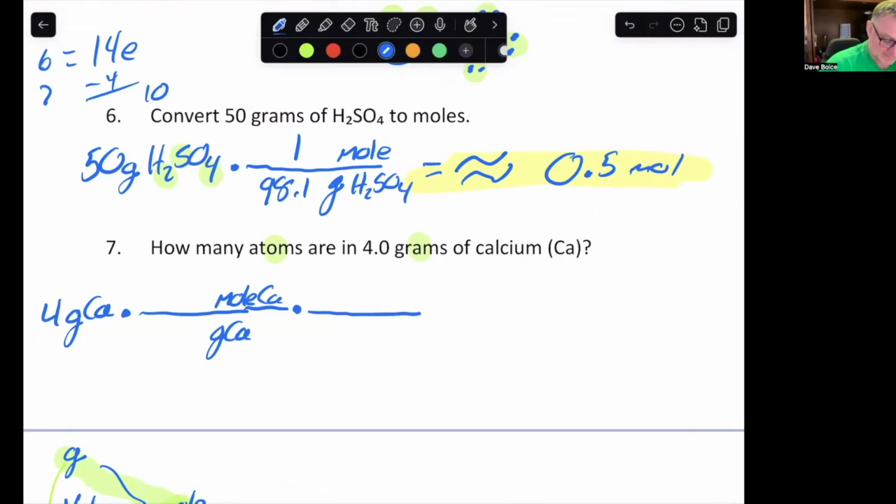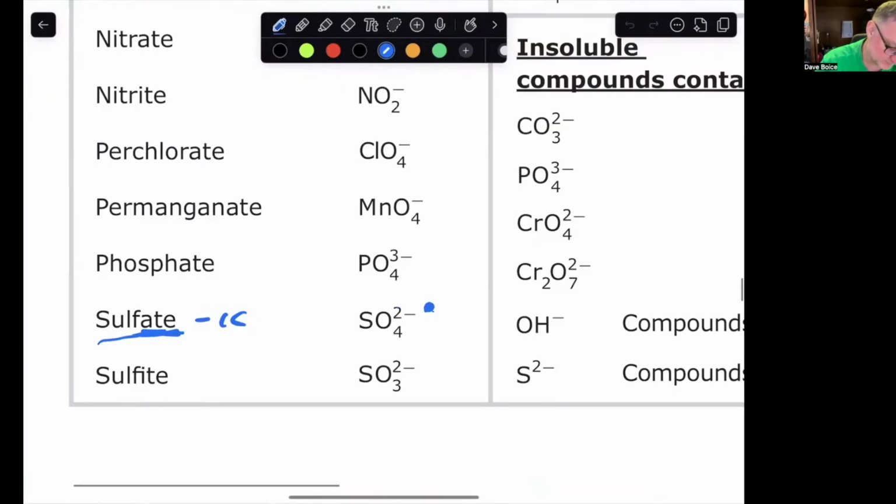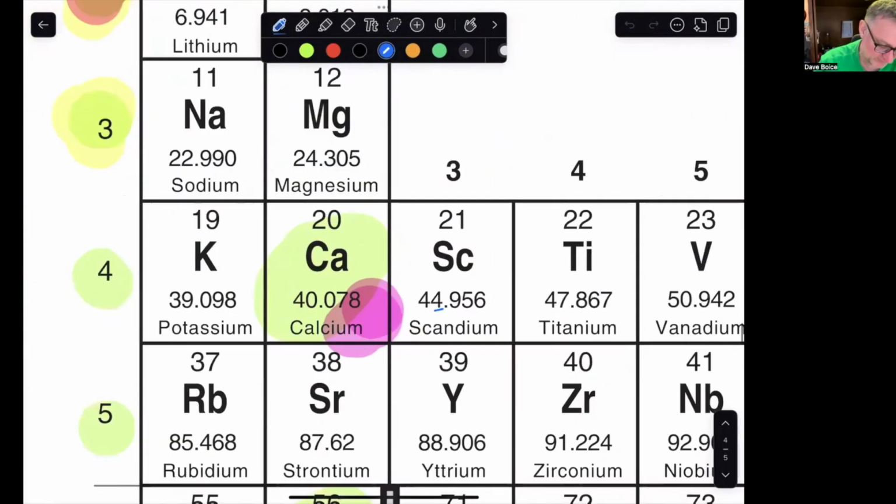And so what I want is atoms. So I'm going to bring moles down. And I want to go to atoms, which I can do. And so first thing I need to do is see, okay, 1 mole of calcium is going to be equal to, let's see, what's 1 mole of calcium equal to? There it is, 40.078 grams, or say 40.08, close enough.